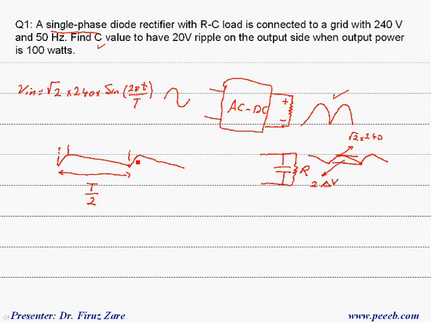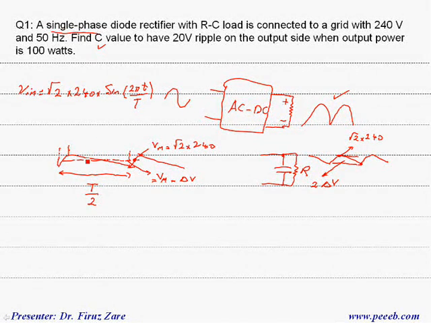Suppose that the average of this voltage is V max minus delta V, because if this voltage is V max, which is root of 2 times 240, and this ripple is peak to peak 2 delta V, then this average is V max minus delta V.